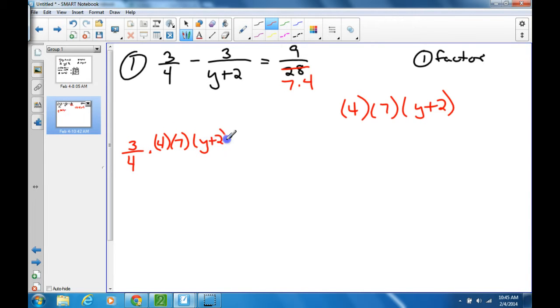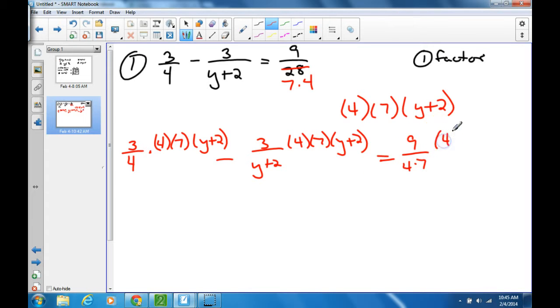Wait, I thought you didn't multiply it by the one that's already in there. Well, we're going to cancel some things out here in a minute, okay? I'm going to minus 3 over y plus 2 times this again. Equals 9 over 4 times 7.